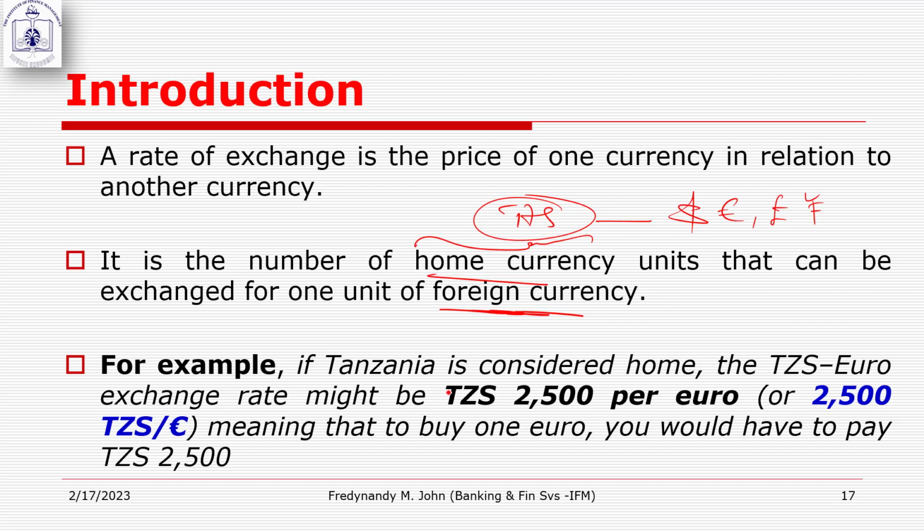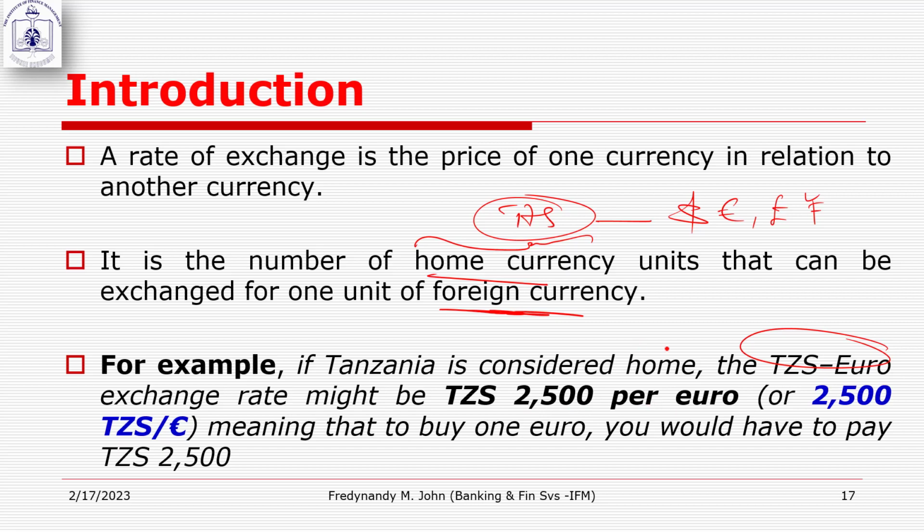For example, if Tanzania is considered home, then the exchange rate between Tanzanian shillings and the euro might be 2,500 Tanzanian shillings per 1 euro.